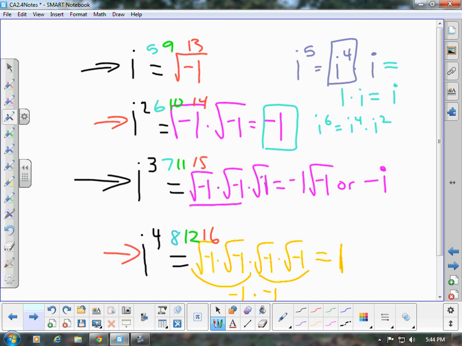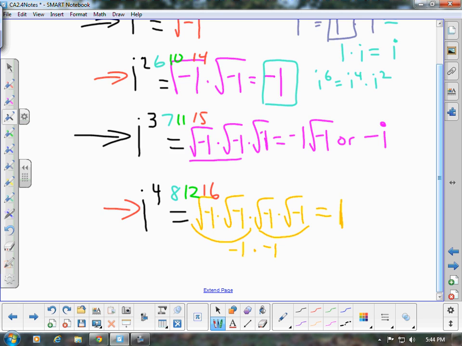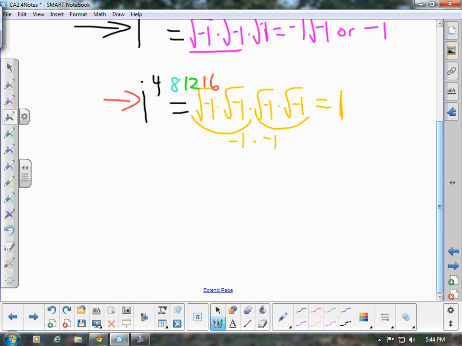So for example, if you were asked what is i to the 23rd power, well, that's like i to the fourth times i to the fourth times i to the fourth times i to the fourth, and there's 4, 8, 12, 16, there's 20, and then you have i to the third left.